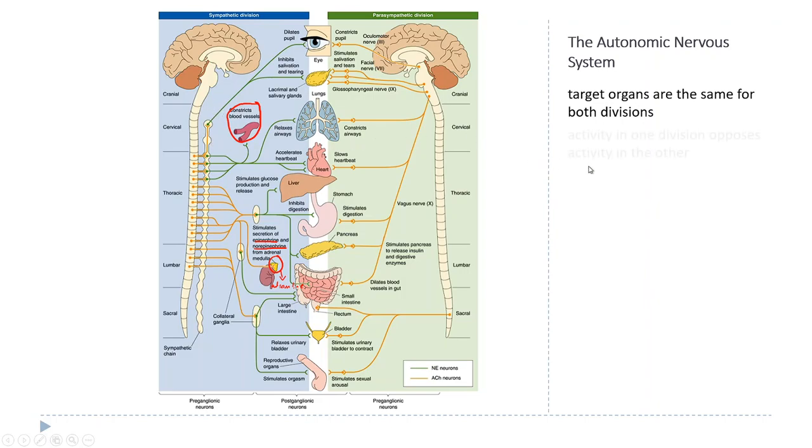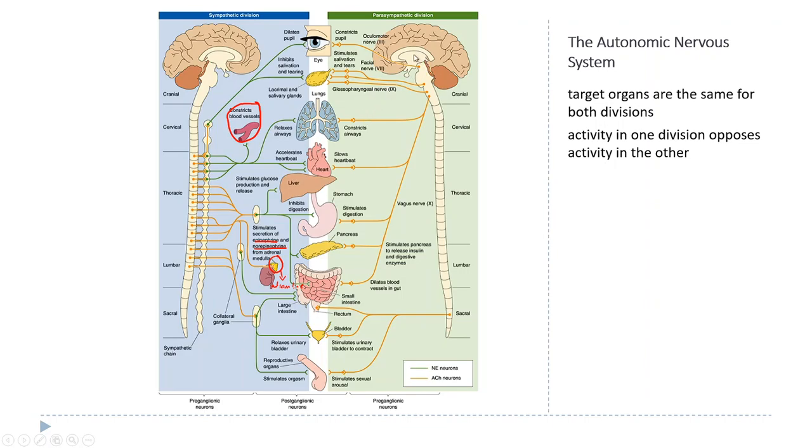from the sympathetic division. Generally speaking, when one division is active, the other one is inactive, and they have opposite effects on whatever organ they target. So for example, in the pupil, the sympathetic division, or norepinephrine in the pupil, triggers the muscles of the pupil to dilate, which means they let in more light, and that's presumably to help the eyes see better, and especially in low light situations.